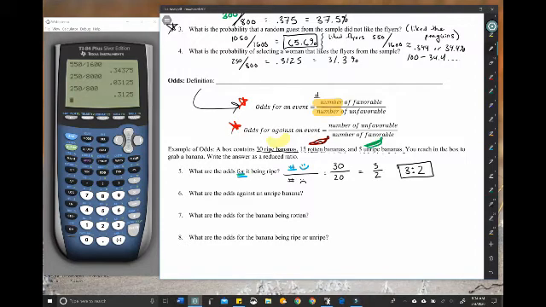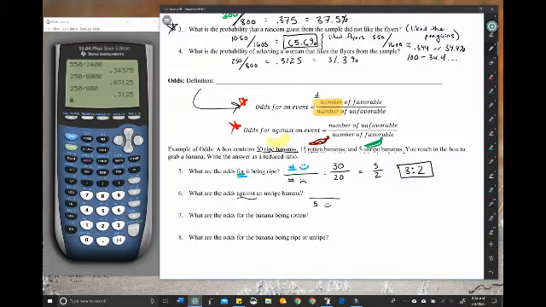Okay, odds against an unripe banana. This can be a little tricky as well. Odds against, so now we want the number of things that aren't unripe. The number of unripe bananas is 5, so that is actually down below, and against is everything else.